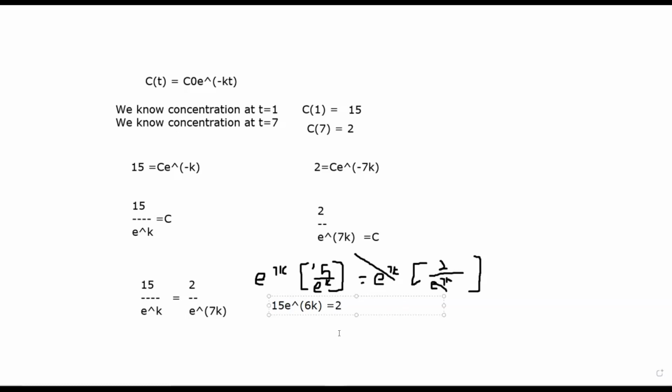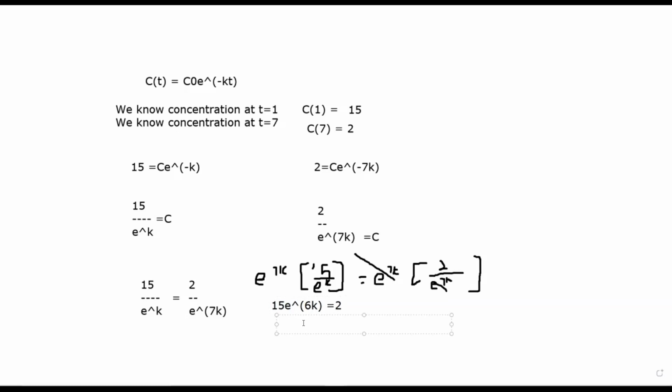Yes. Now, at this point, we're solving for k. So now we want to use logs. At this point, we need to use logs. So this is going to be 6k times 15. Actually, I'm going to divide by 15. It'd be easier if I divide by 15 first.